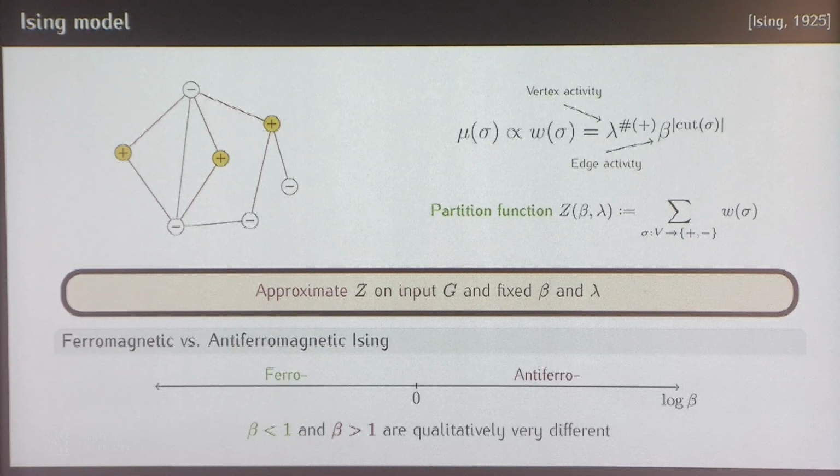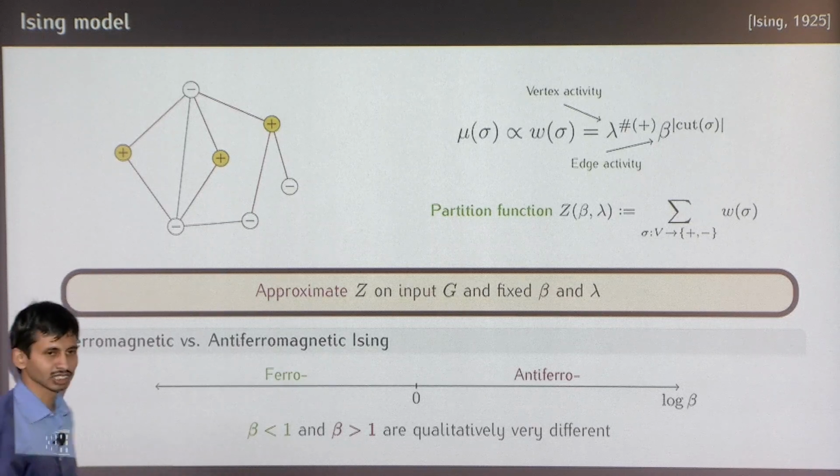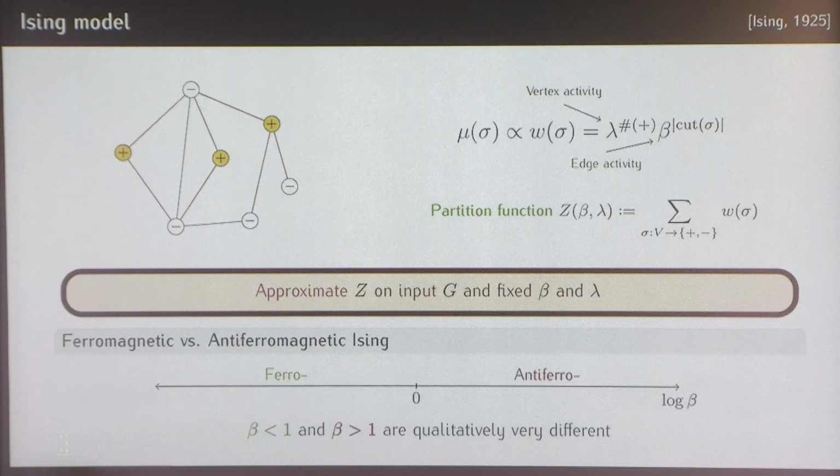And similarly, beta bigger than 1, which in this parameterization corresponds to the anti-ferromagnetic regime. Here the distribution biases itself to those configurations which try to differ on neighbors. In terms of computer science, anti-ferromagnetic Ising is something like max cut, it's supposed to be hard. Ferromagnetic is something like labeled min cut, which is supposed to be trivial, but that's just a cartoon.